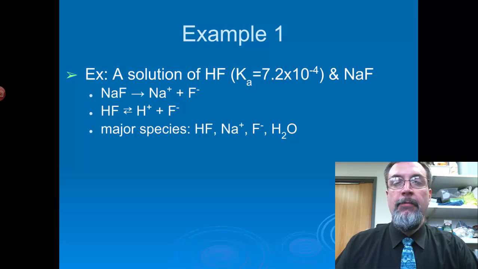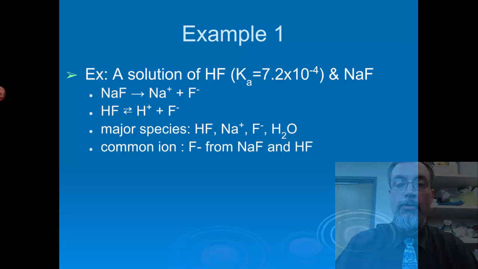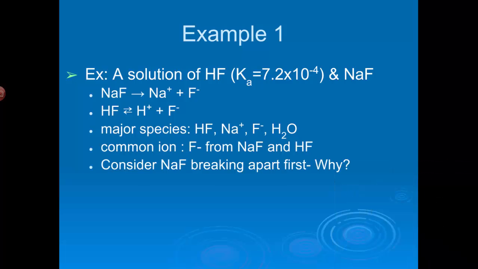The presence of that fluoride ion from the NaF is going to shift the equilibrium position of the HF more towards the left, right? We've added more F-, so more product, which means it's going to shift back towards reactant.